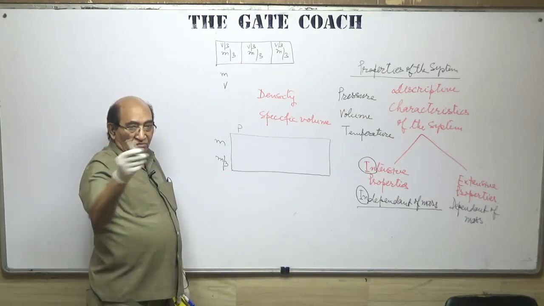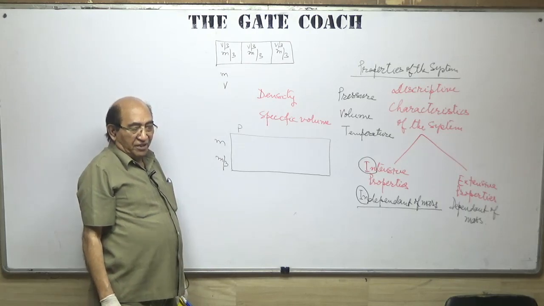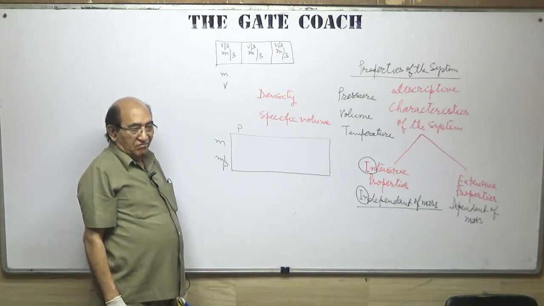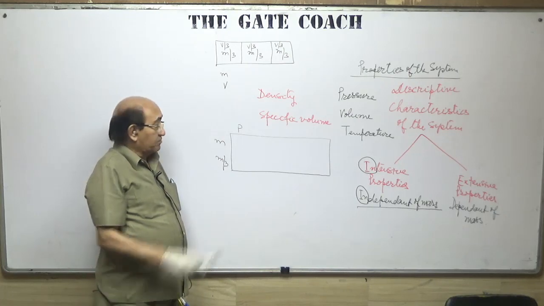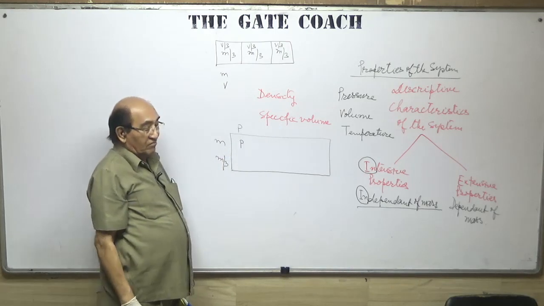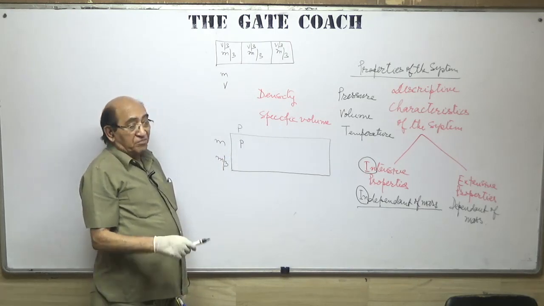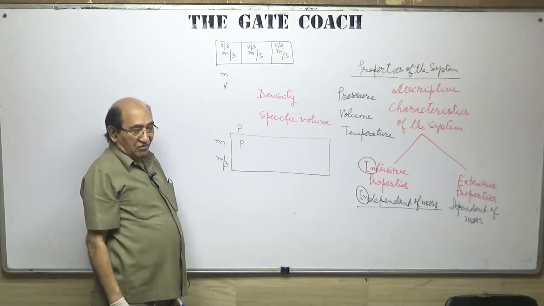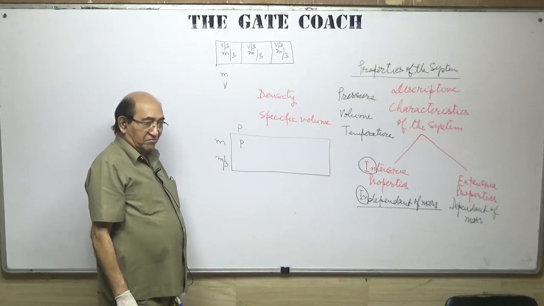Pressure, I am interested to talk about whether the mass is m or the mass is m by 3. In this room, mass of air is m, volume occupied is V. I put a barometer, read the pressure, it is P. In each compartment, if I put down the barometer, pressure indicated will be the same.